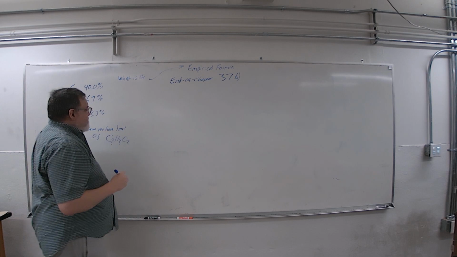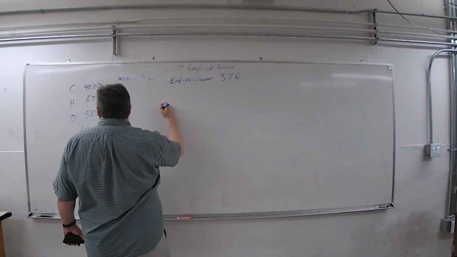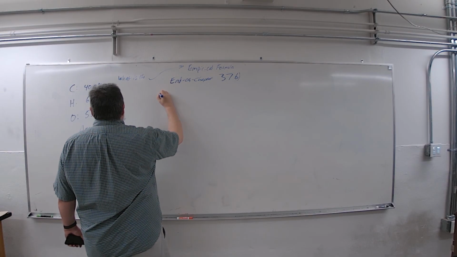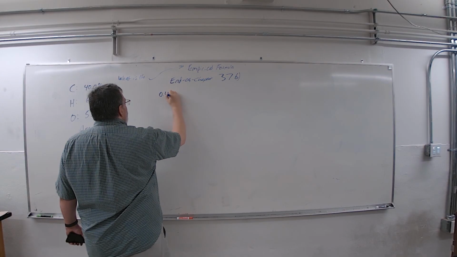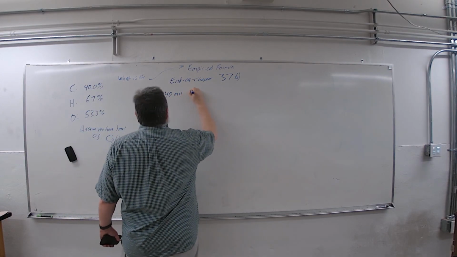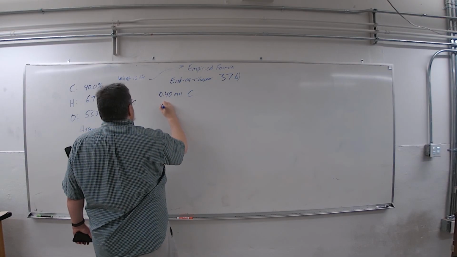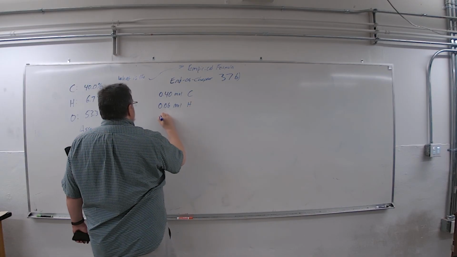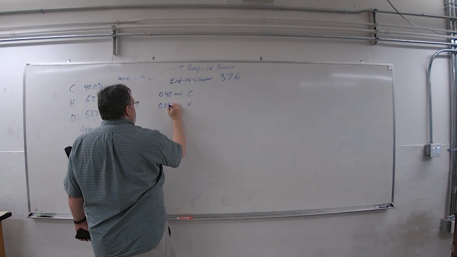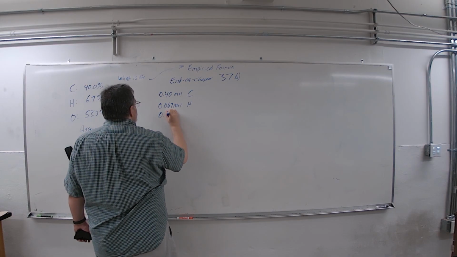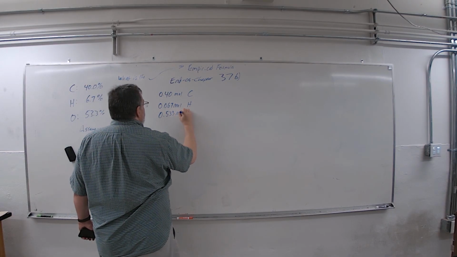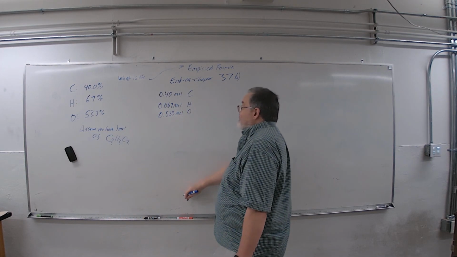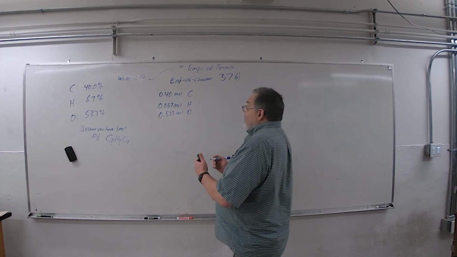If you do that, then if it's 40%, 40% of 1 mole is 0.40 moles of carbon, 0.067 mole of hydrogen, and 0.533 mole of oxygen. So those all add up to 1 mole. Now we're going to go from here.